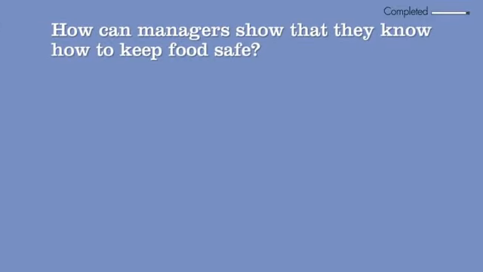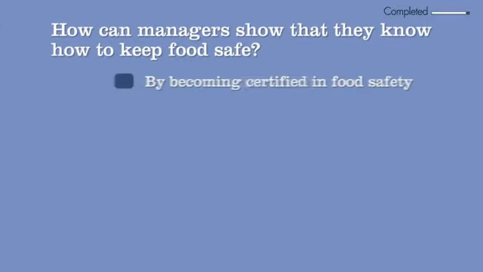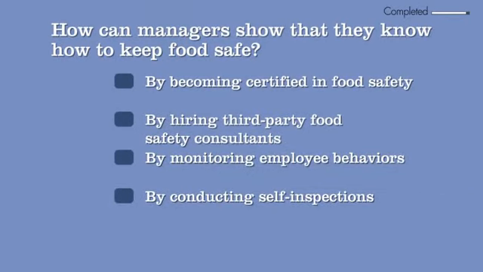Nice job! How can managers show that they know how to keep food safe? Absolutely right. As a manager, you have to be able to show that you know what to do to keep food safe. Becoming certified in food safety is one way to show this.